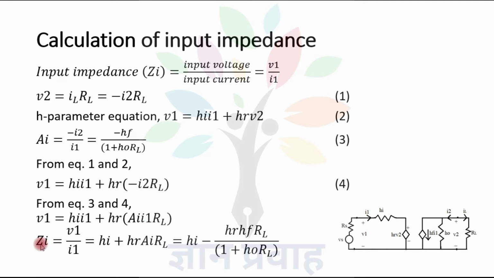Input impedance Zi is V1 upon I1. It means it is HI plus HR AI RL. By putting the value of AI, the expression will be HI minus HR HF RL divided by 1 plus HO RL. That is the expression for input impedance.